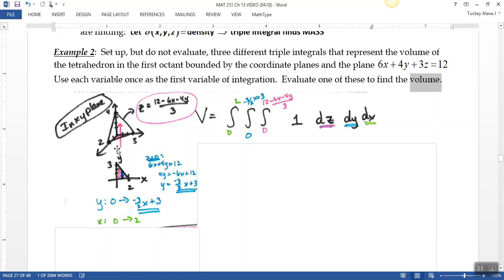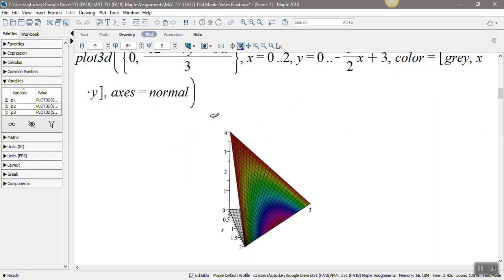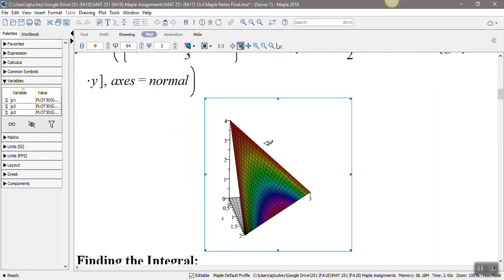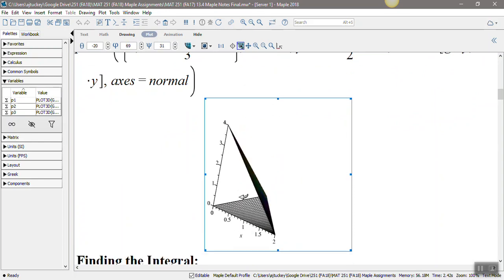So I'm going from the xy plane up to that surface. So dz is first, and z goes from 0, the xy plane, up to where that plane hits it. And that would be 12 minus 4y minus 6x, all divided by 3. So I'm going from this plane down here.